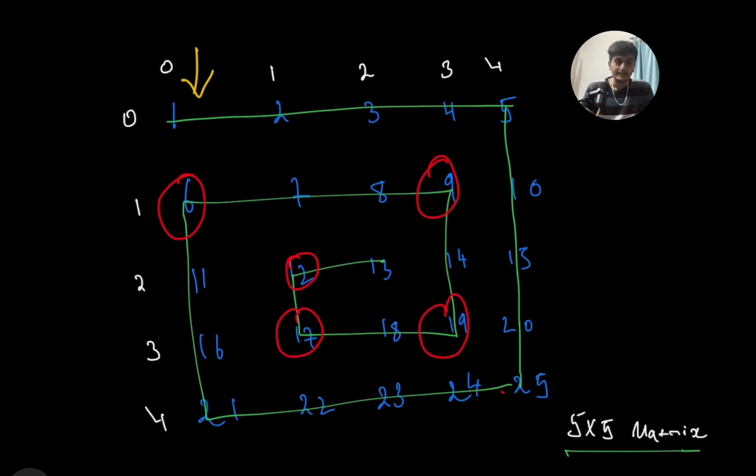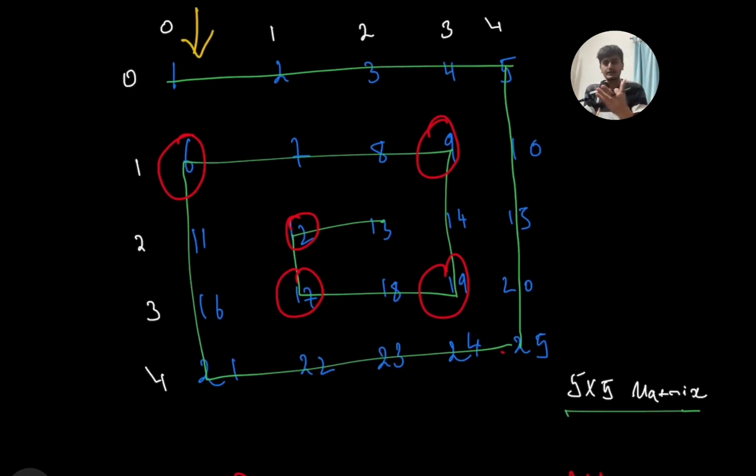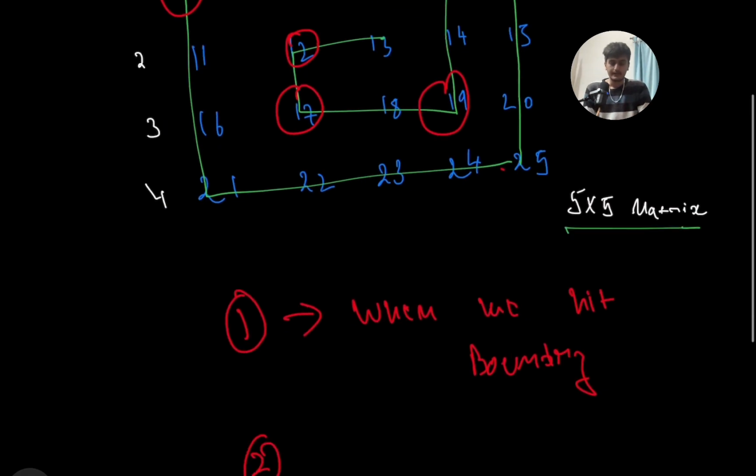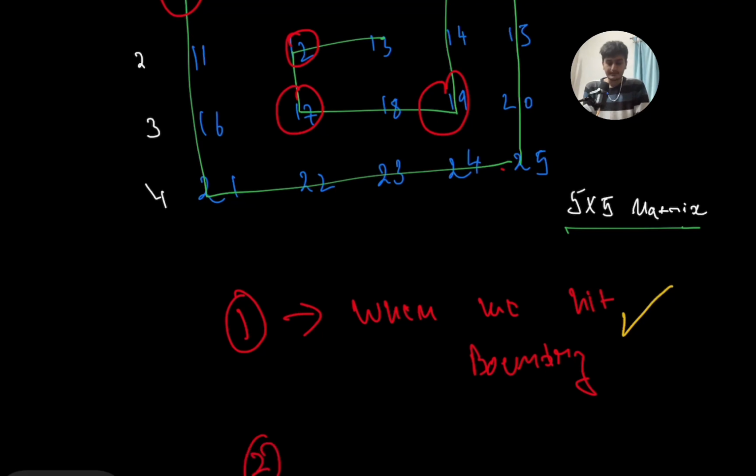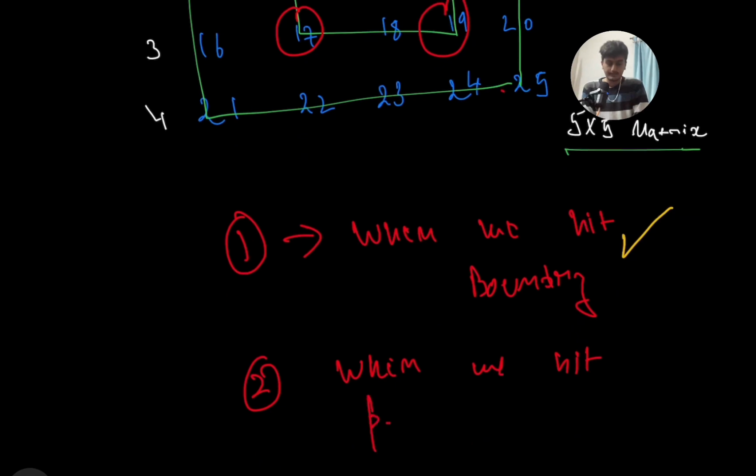That's it. This was the trickiest part, and it is not tricky at all. We just had to observe some things. Number 1, we change our direction when we hit the boundary. And number 2, we change our direction when we hit a previously encountered element.